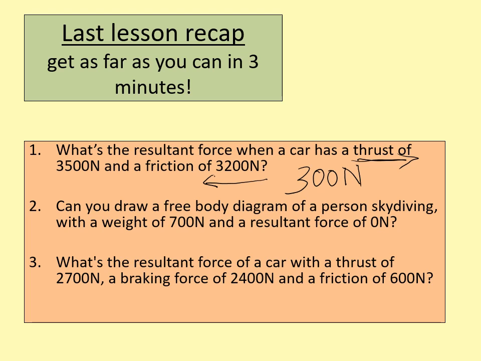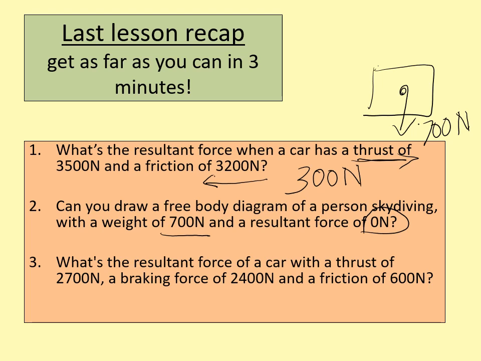Okay, moving on to the second one. Draw a free body diagram of a person skydiving with a weight of 700 Newtons and a resultant force of 0 Newtons. So if the person is having a resultant force of 0 Newtons, what should be the other force acting on the person? If this is the person, the weight acting on the person is 700 Newtons.